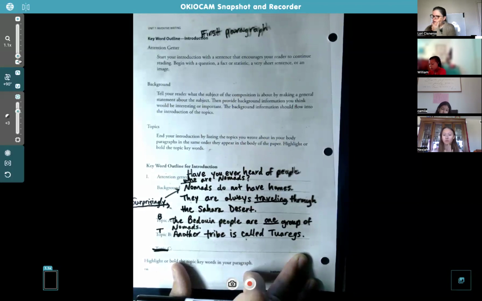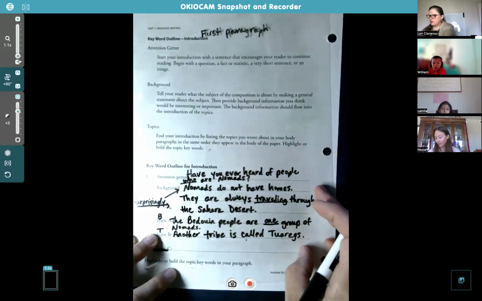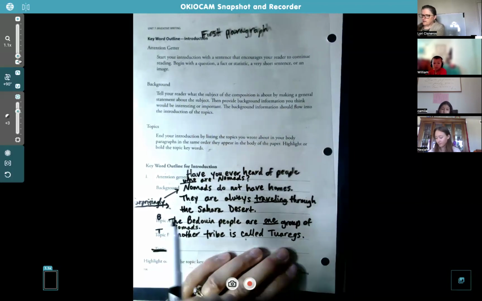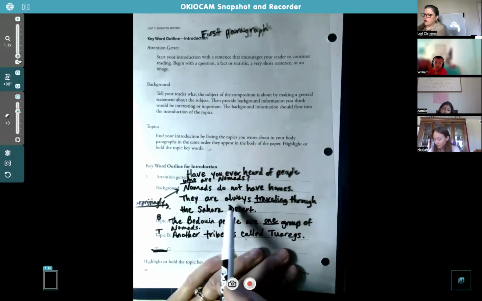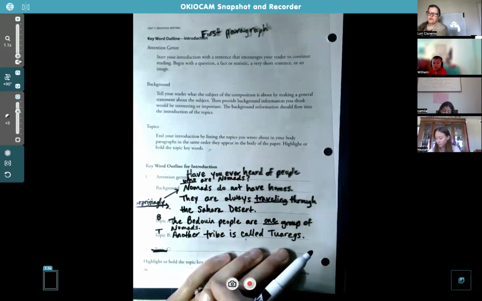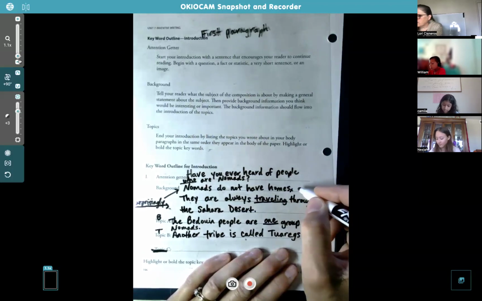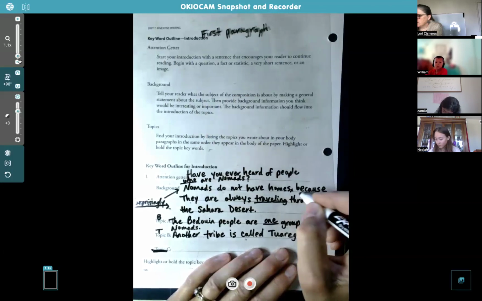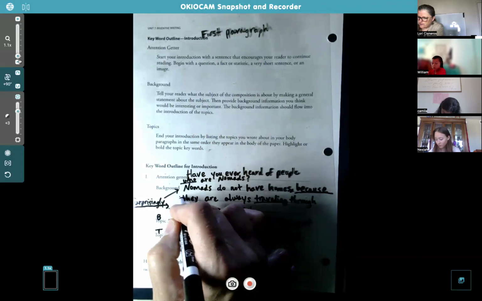maybe we could combine these two sentences right here and say surprisingly nomads do not have homes because they are always traveling through the desert. Combine those two. You guys like that one? Yeah. Okay. So let's take off this period here and put because. And then of course we got to change that to a lowercase t for they.